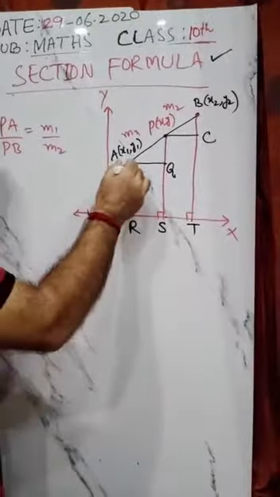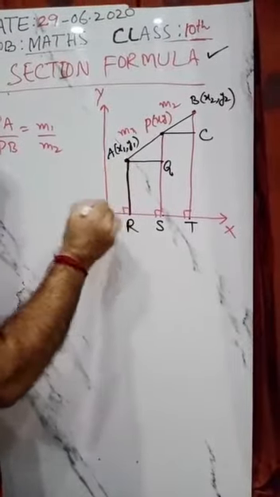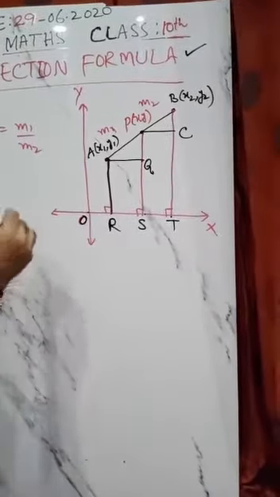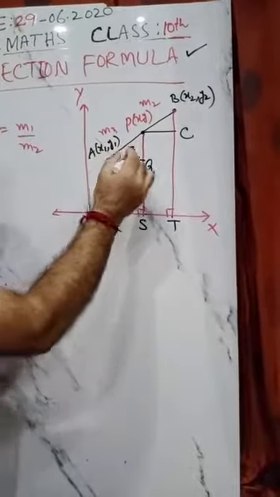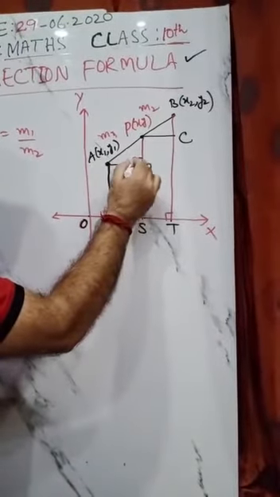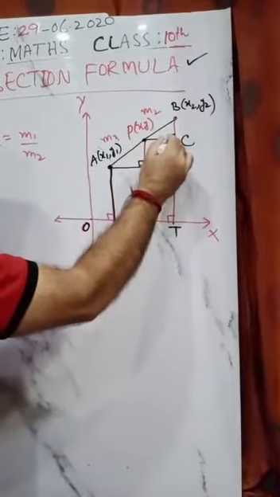Now we will measure the distances from the origin. Look children, this is a perpendicular, so this will be 90 degrees.